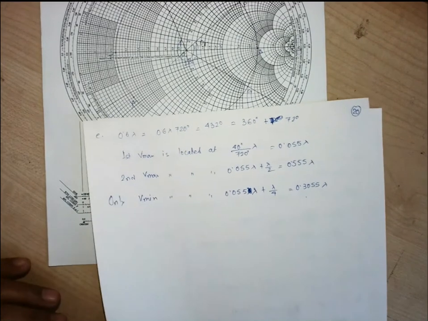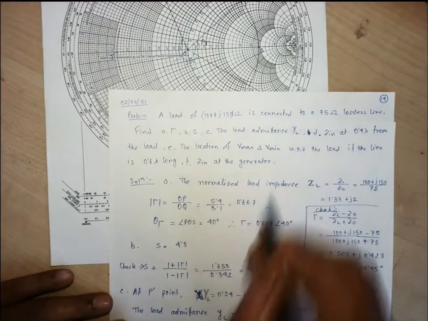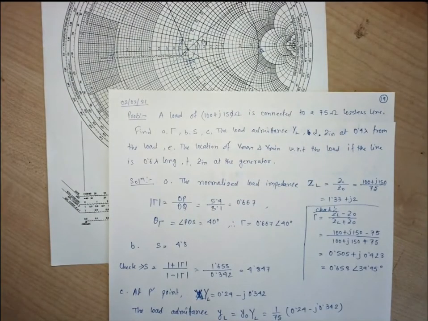Next point, we need to find out Zin at the generator, right? We need to find out the Zin at the generator. So how can we find out this at the generator?